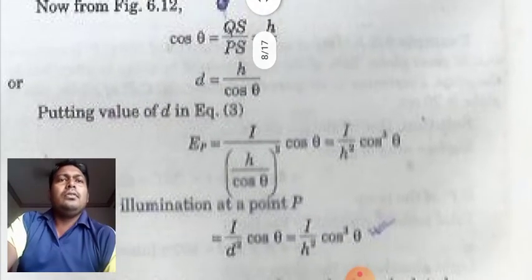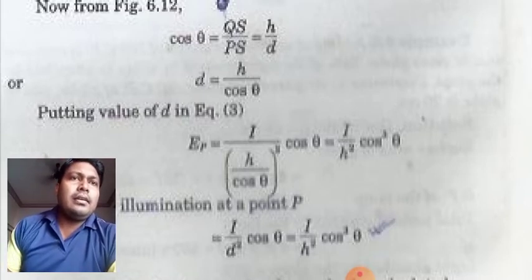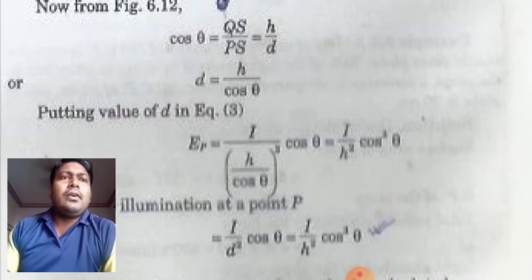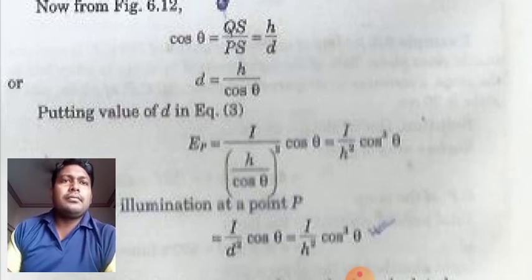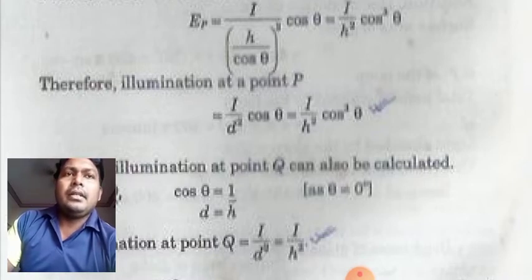Ep is equal to I divided by h by cos theta whole square into cos theta, which is equal to I divided by h square cos cube theta, right? So illumination at a point is equal to I divided by d square cos theta, which is also equal to I divided by h square cos cube theta.